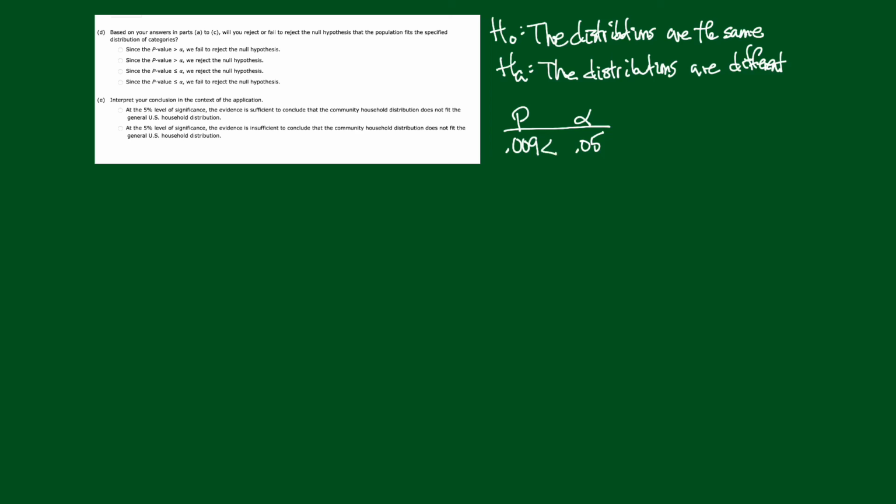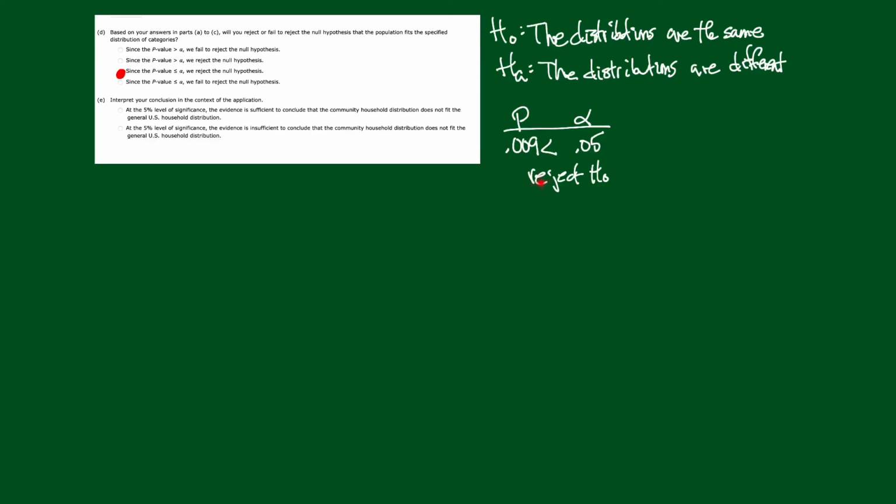Well, p is less than alpha, and if you remember, that says to reject H0. Now, which one of these corresponds to that? Since p is greater than alpha, well, it's not that one. If p is less than or equal to alpha, we reject the null hypothesis. That is true, that's the one we're going to go with.